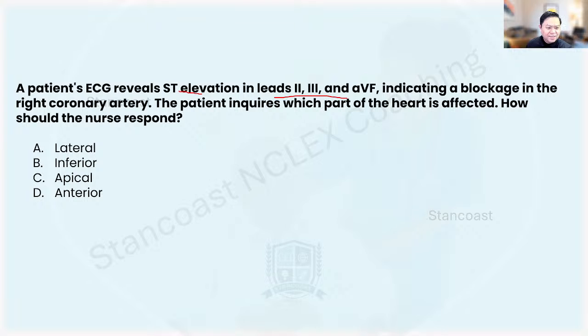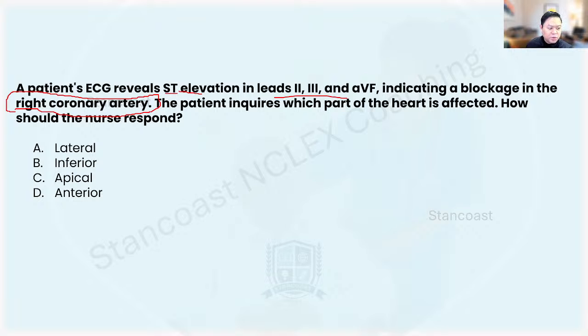Okay. The correct answer here, well, of course, we have the ST elevation. That's what I have said earlier. 2, 3, leads AVF. But we are talking about the right coronary artery, guys. Please pay attention. We are not talking about the left anterior descending.